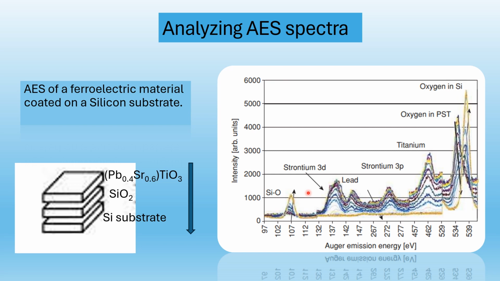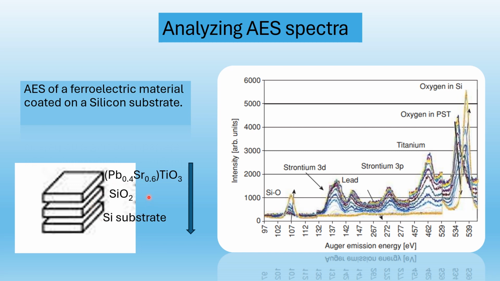Also, the oxygen peak at 534, which is for PST, for the uppermost layer, is going to gradually decrease, and a second peak at 538, we can see this is a growing one. This growing peak at 538 is attributed to oxygen in a different environment, which is for the SiO2.